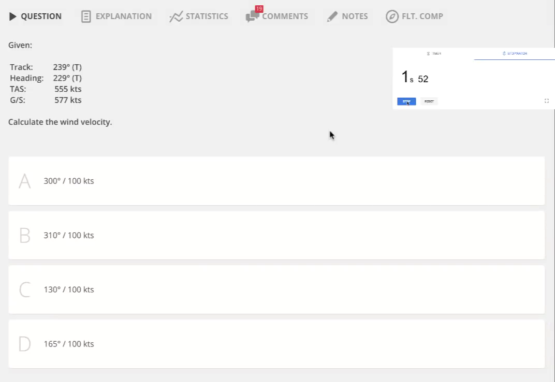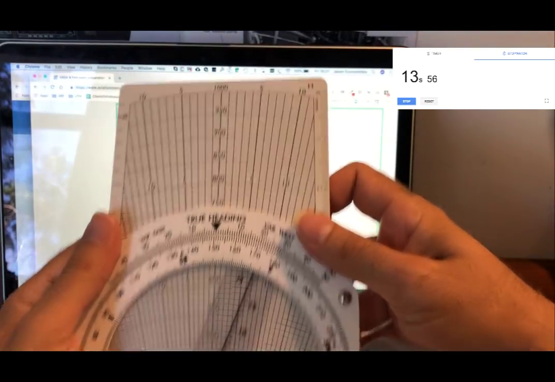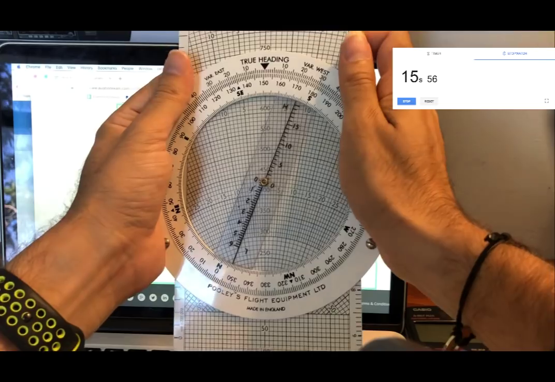All right, so we're going to start from now. We have a heading of 229, we have a track of 239, so we know we've got a right drift, and we've been given the TAS and the ground speed. I already have my high speed side on here.